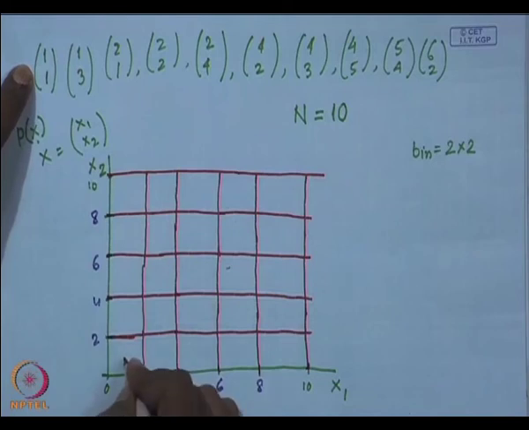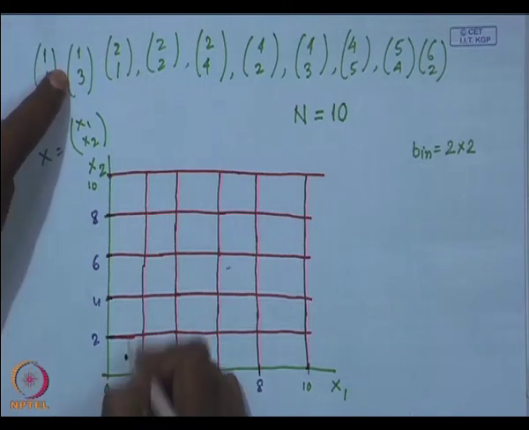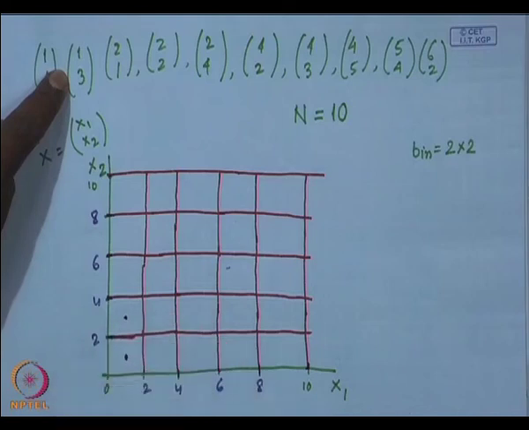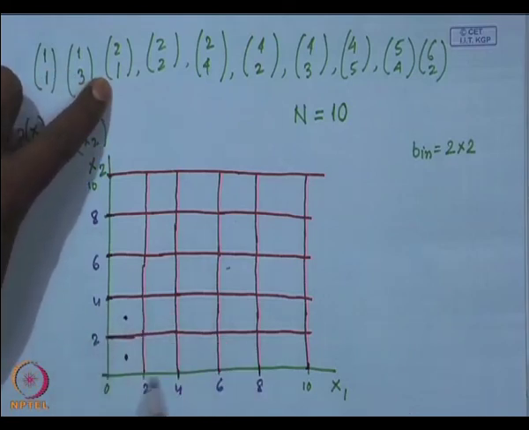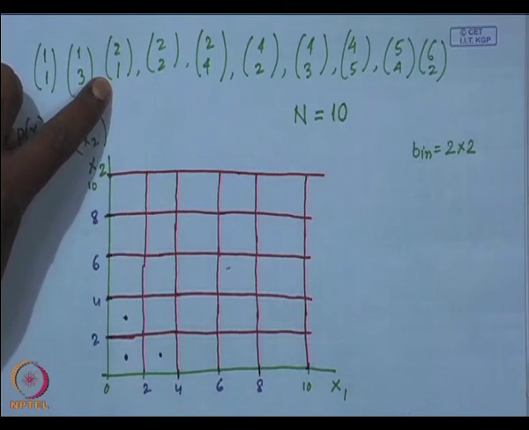So, 1 1 is a point somewhere over here, and it is falling within this bin. 1 3 is a point somewhere over here, which is falling within this bin. Similarly, 2 1 is a point somewhere over here, so it is falling within this bin.